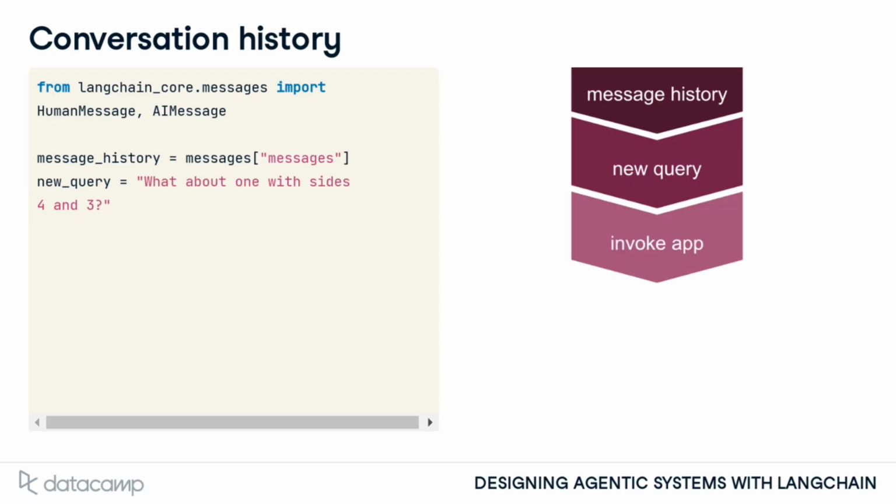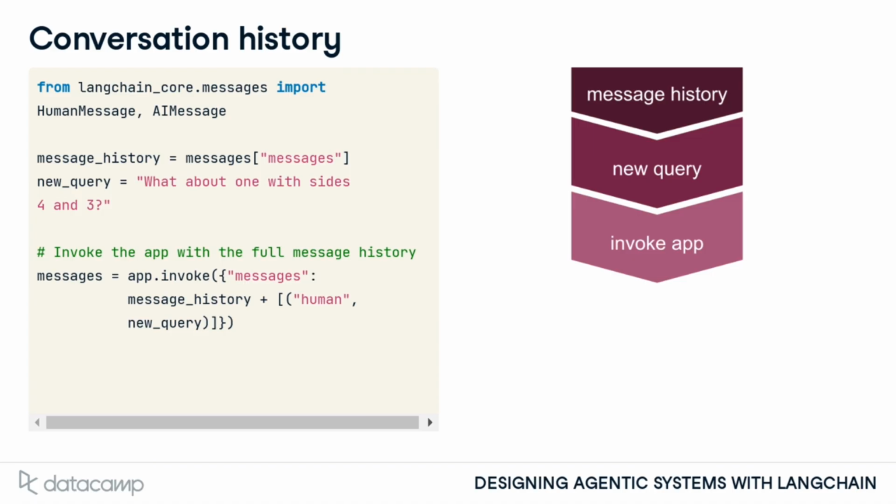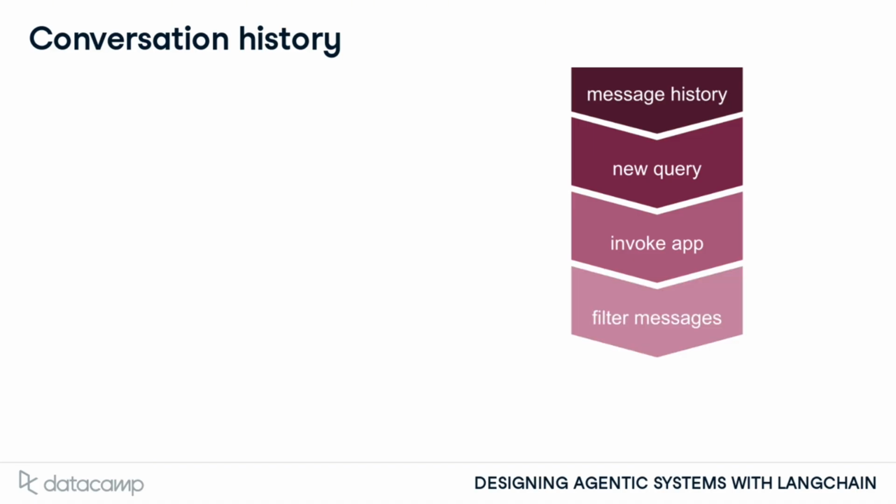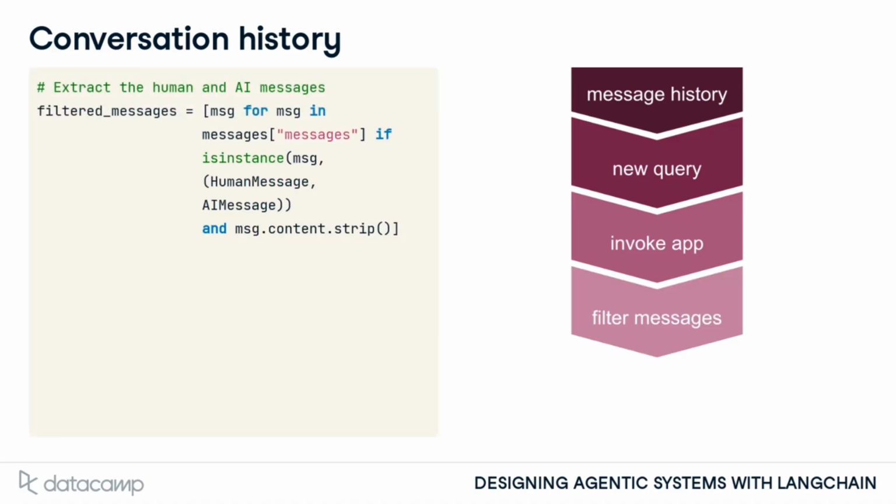Next, we'll invoke the app object again, this time passing both the message history and new query to the agent within a dictionary. We'll then filter out only the relevant messages from the agent's response. Here, we'll use a list comprehension to select both human message and AI message instances that contain actual content.